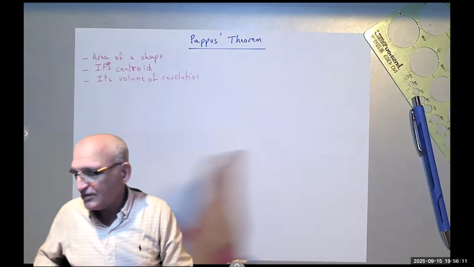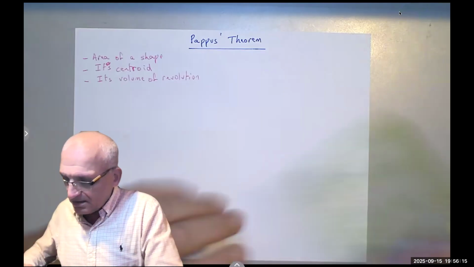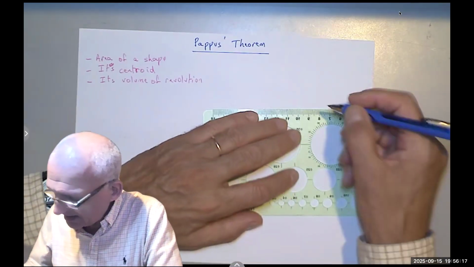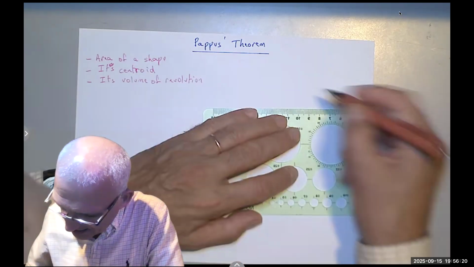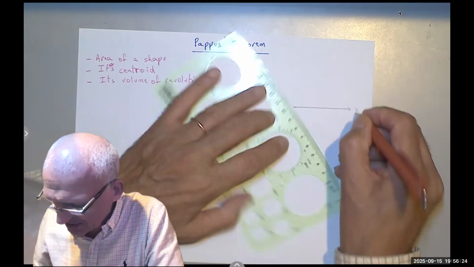Let me show you something very simple. Suppose this is my X and Y, so let me draw very simple, just a triangle.